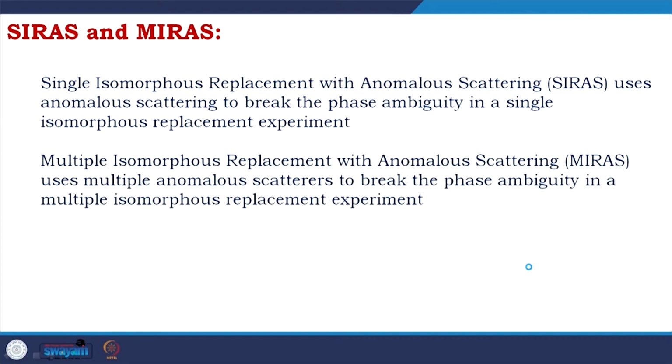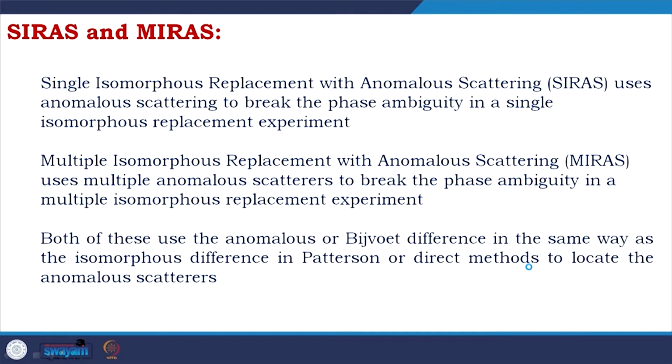Multiple isomorphous replacement with anomalous scattering is MIRAS. It uses multiple anomalous scatterers to break the phase ambiguity in a multiple isomorphous replacement experiment. Both of these use the anomalous or bivoet difference in the same way as the isomorphous difference in Patterson or direct methods to locate the anomalous scatterers.